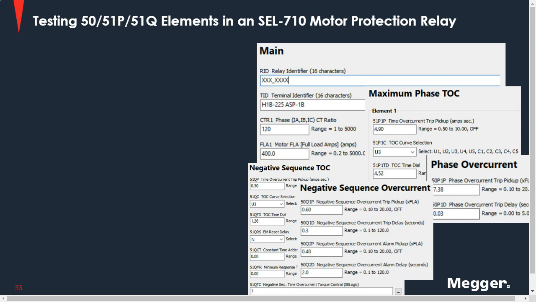Now, when it comes to testing, I brought up some screenshots of some settings here from a popular relay manufacturer.